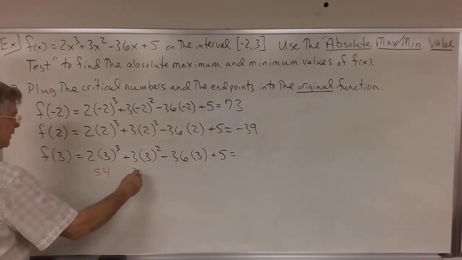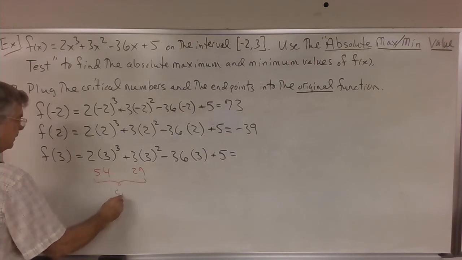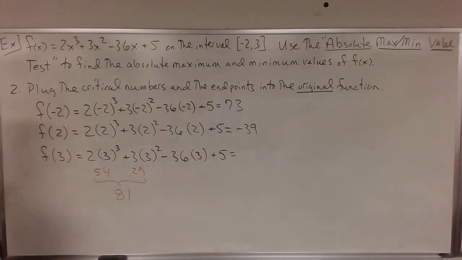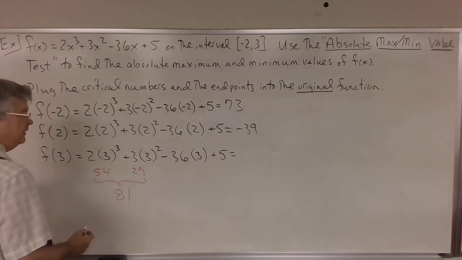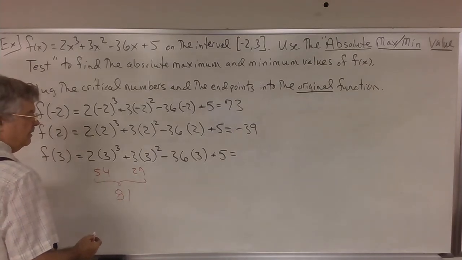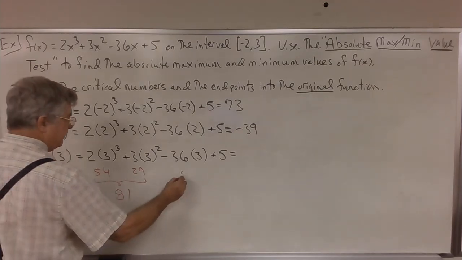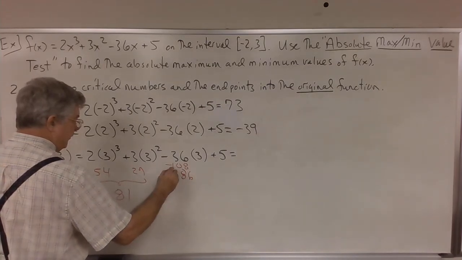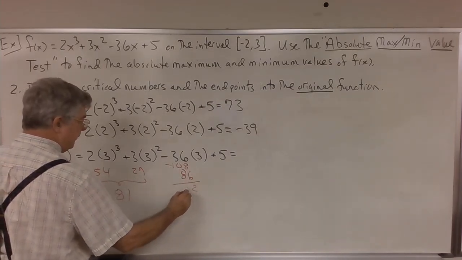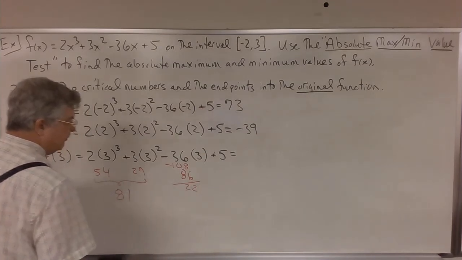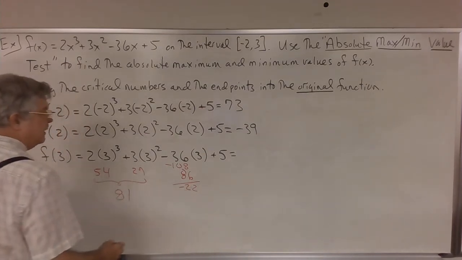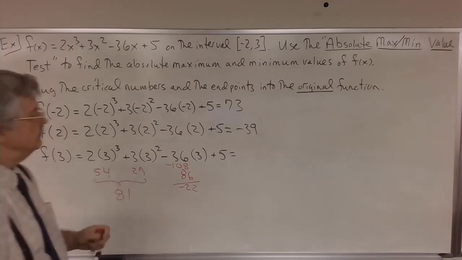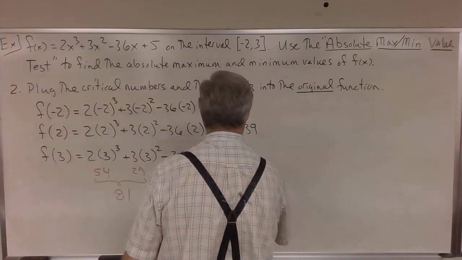Plus 27 is 81. Okay, plus 5 is 86. Minus 108. So it looks like -22.